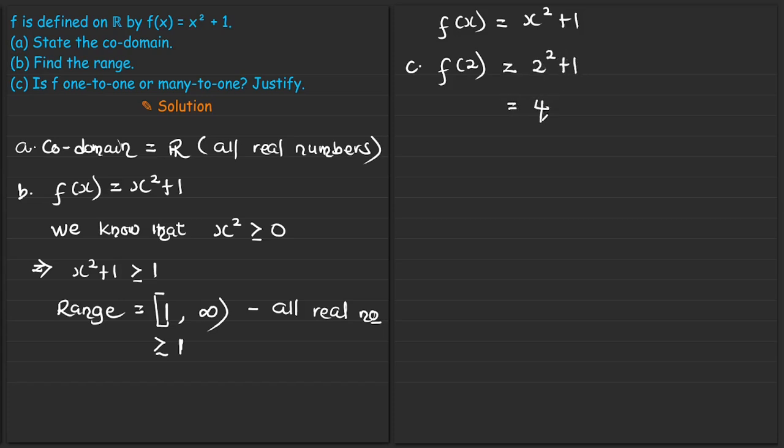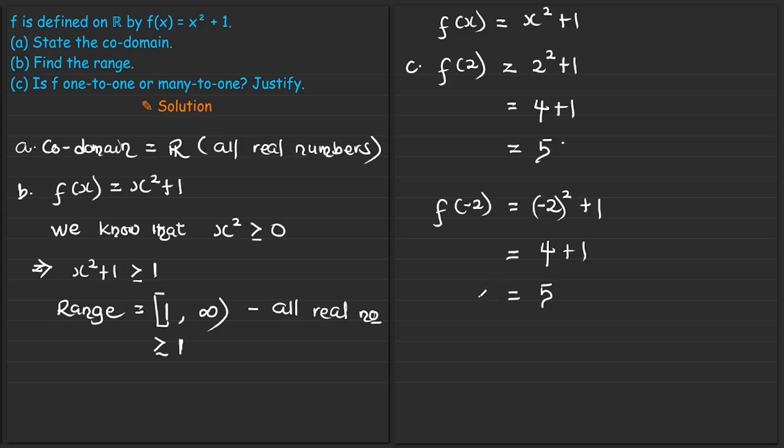2 squared gives me a 4, then we have a plus 1, which yields what? A 5. Now let's work for f of negative 2. F of negative 2 gives us negative 2 squared, then plus 1. Negative 2 squared gives us a 4. So 4 plus 1 also gives us a 5.